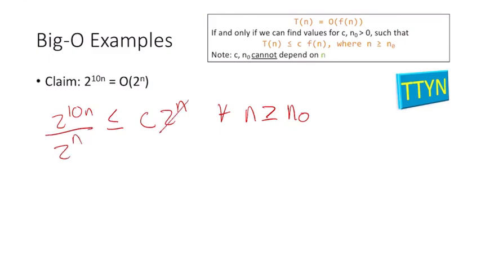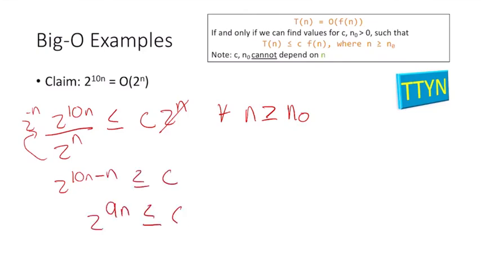And if you remember what this does, it's like putting up here a 2 to the negative n, which means we're going to have 2 to the 10n minus n is less than or equal to C, which is like saying 2 to the 9n is less than or equal to C for all values of n greater than or equal to n naught.